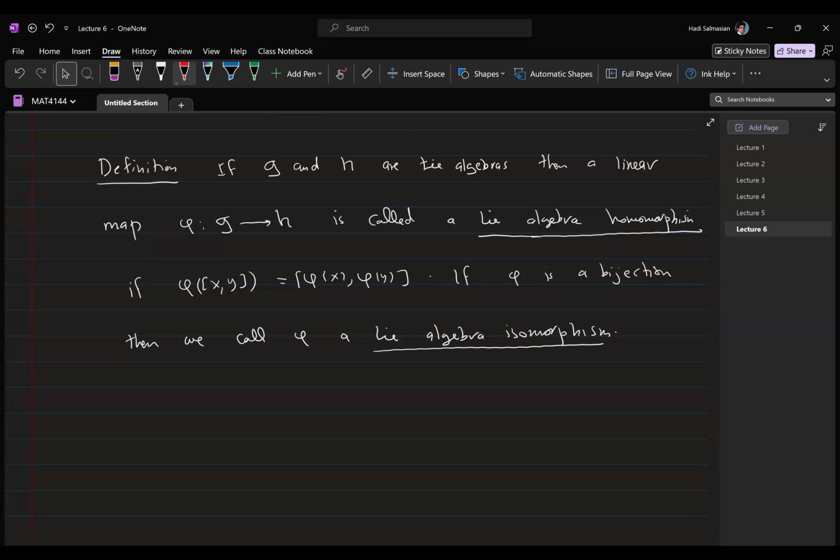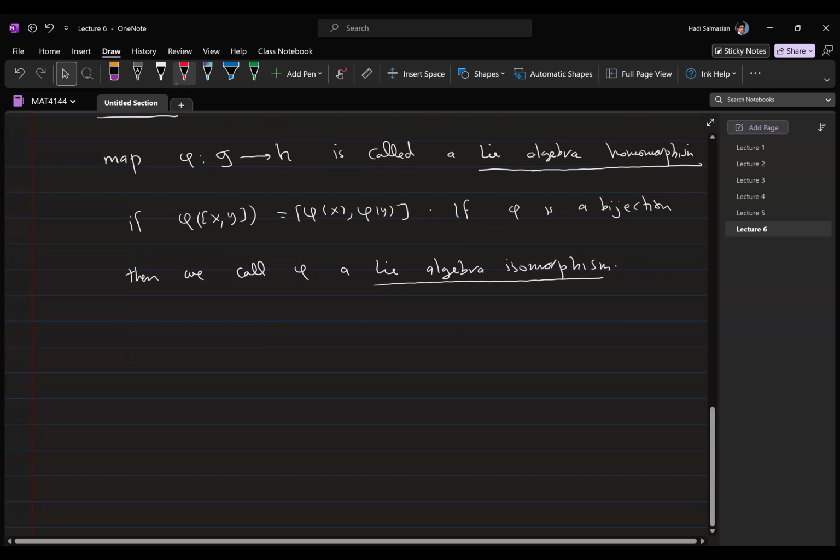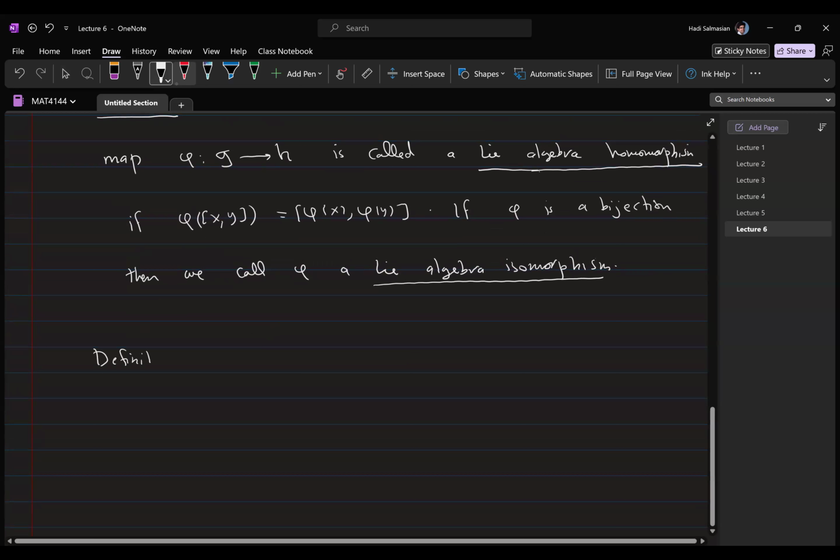Now, one of the most important examples of a Lie algebra homomorphism is, anybody has a suggestion? Anybody knows that? Those who have seen Lie algebras before? It's the adjoint homomorphism, which I want to define right now. Okay.